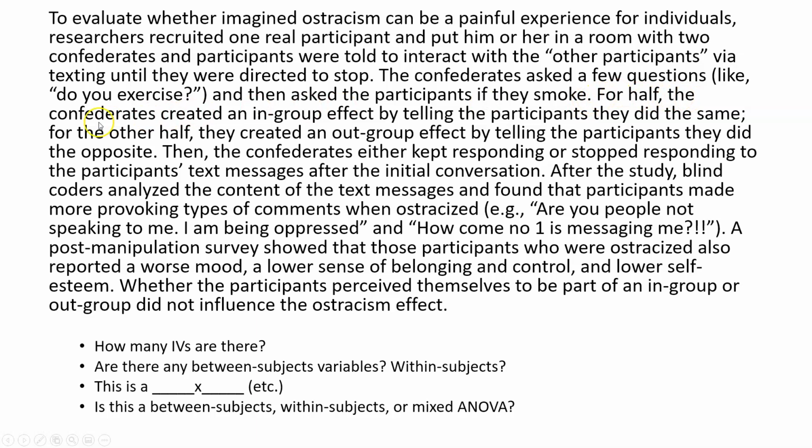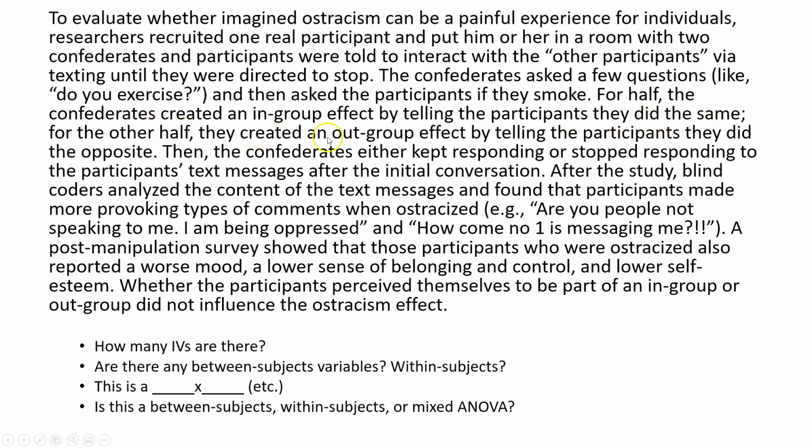For half, the confederates created what's called an in-group effect by telling the participants, oh, we do too, or we don't either. Whatever the participant said they did or didn't do, the confederates answered they did the same. It didn't matter what the confederates really did, they were just pretending. So they were just telling the participant, yeah, we smoke too, or no, we don't smoke either.